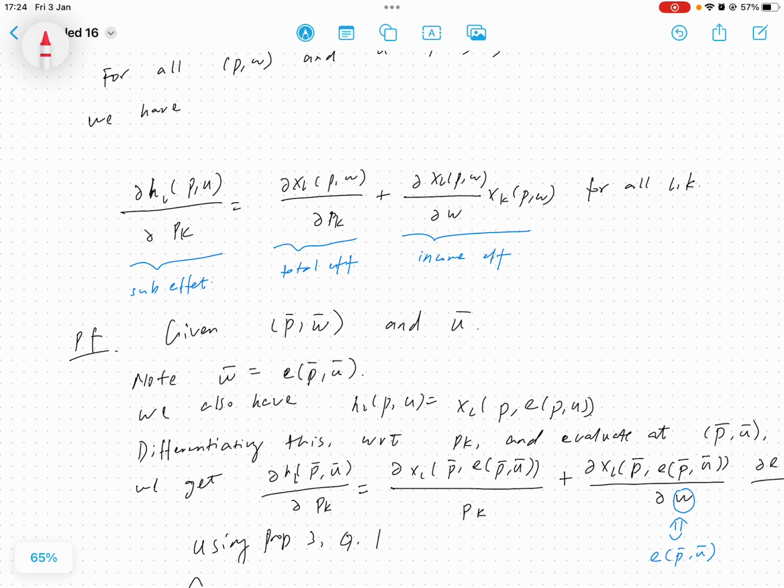So it's saying that the substitution effect on the left-hand side will be the partial derivative of the Hicksian demand with respect to the change of pK, and that will be the total effect, which is the partial derivative of the Walrasian demand with respect to the change of pK, plus the income effect, where we have the partial derivative of the Walrasian demand with respect to W, multiplied by xk.